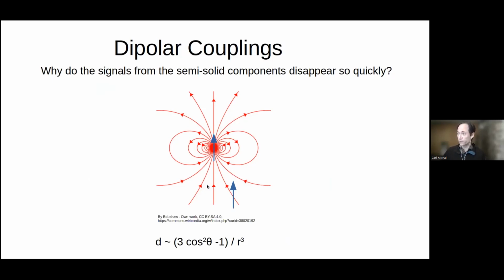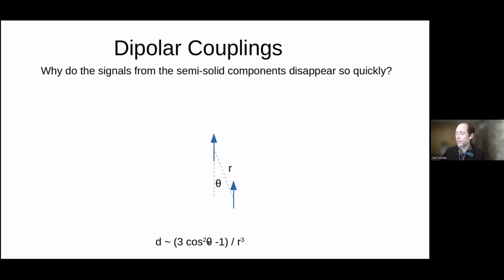From the point of view of a spin, say over here, it sees a magnetic field contribution from this other spin that's given by this formula, where there's an orientation dependence and a distance dependence. The angle theta is the angle between the main magnetic field and the internuclear vector, and r, of course, is the distance between the two spins. So this dipolar coupling is sensitive to the orientation and the distance between the spins.